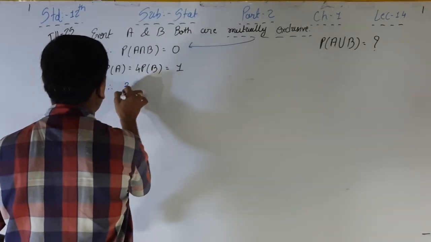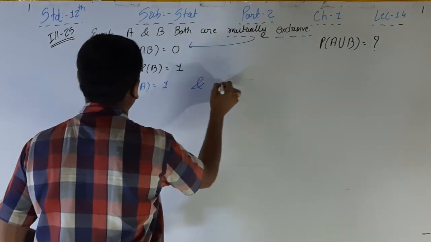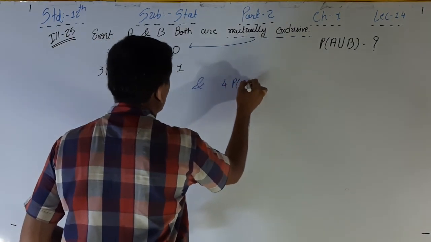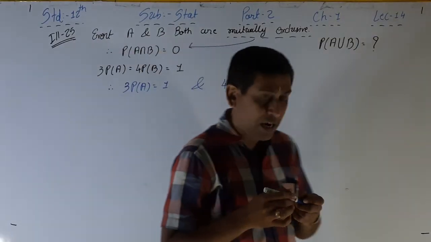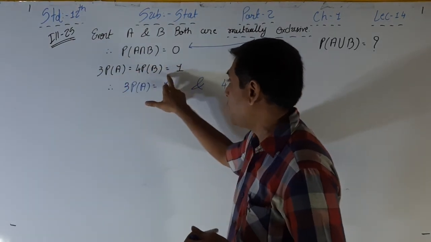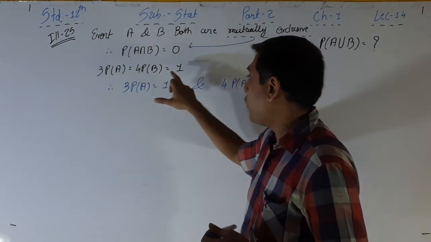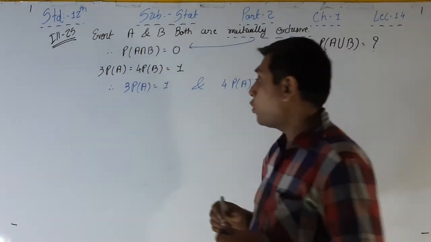Therefore we can say 3 P of A is equal to 1 and 4 P of B is equal to also 1. See, from this data we can say 3 P of A is equal to 1, because the equals sign is there. That's why 3 P of A is equal to 1 and 4 P of B is equal to also 1.